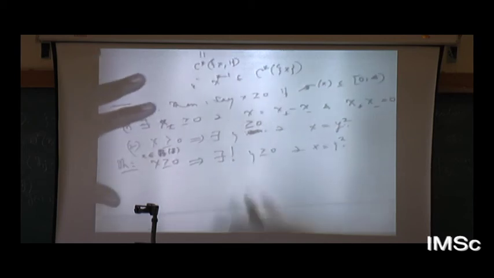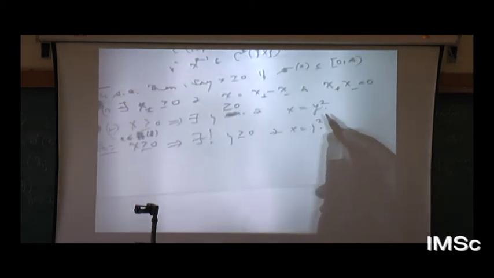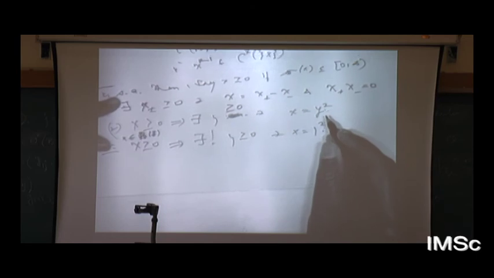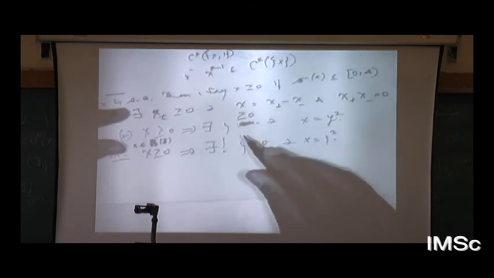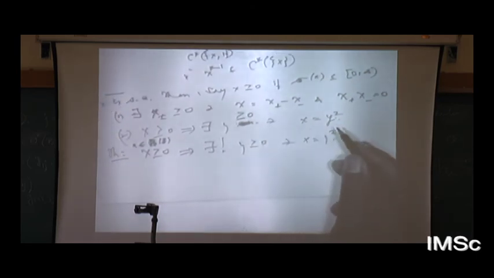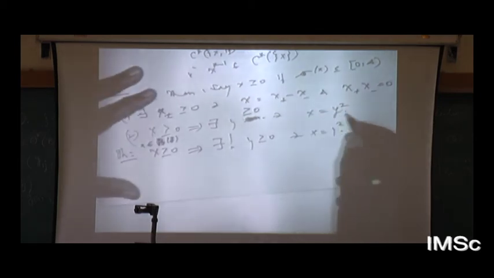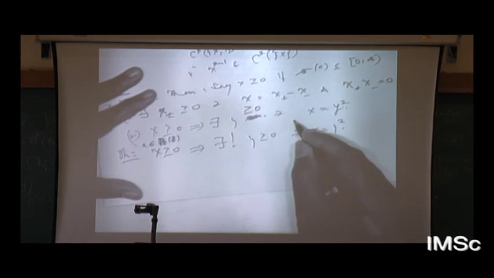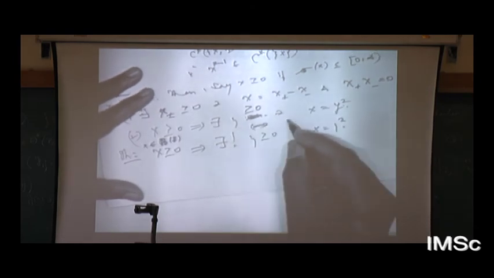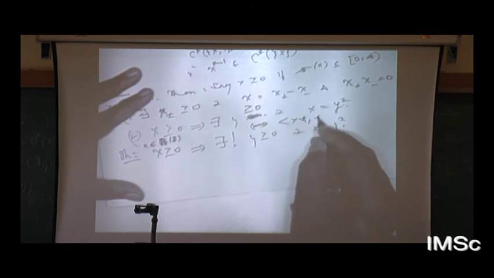Yeah, in fact, when you're talking about operators on Hilbert space, to say that X equals Y squared is equivalent to the inner product of X xi with xi being greater than or equal to 0 for all xi.